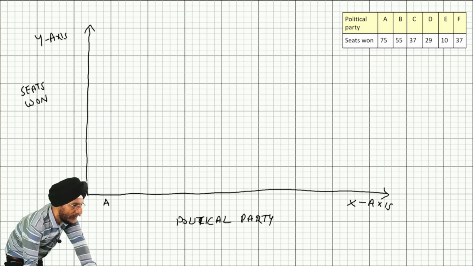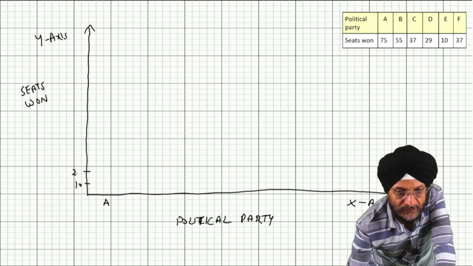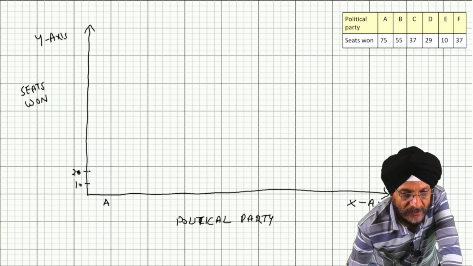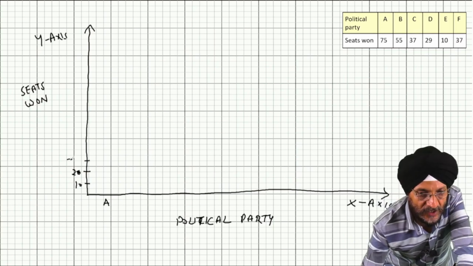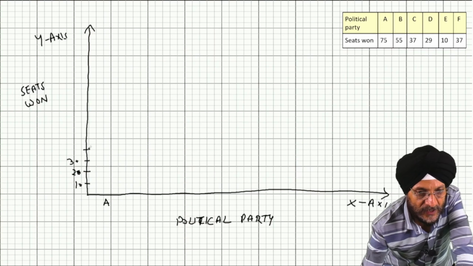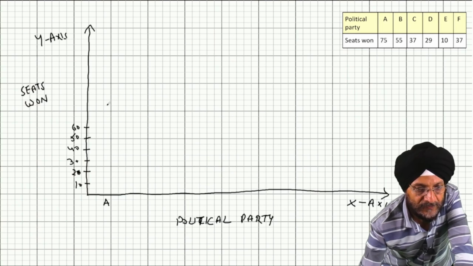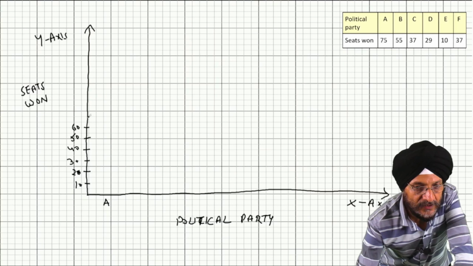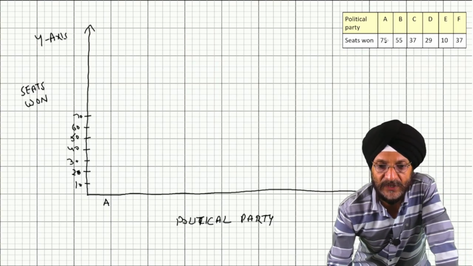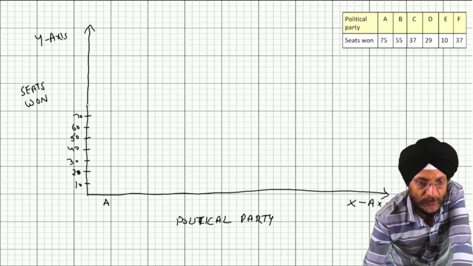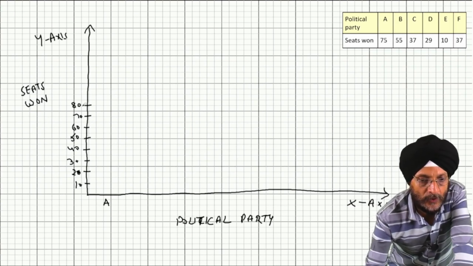We will draw here 10 for every cell, taking values with a difference of 10: 10, 20, 30, 40, 50, 60, 70. As the maximum seats won are 75, here we will take the scale up to 80.